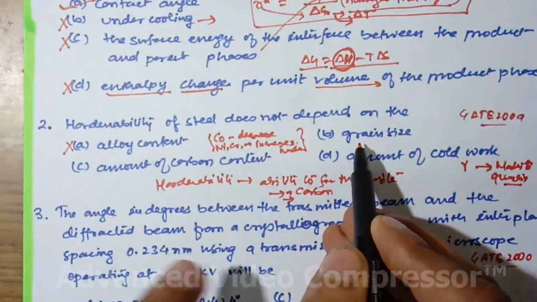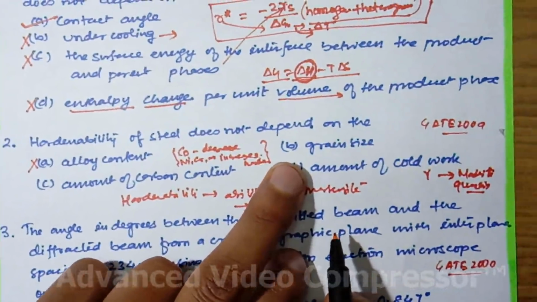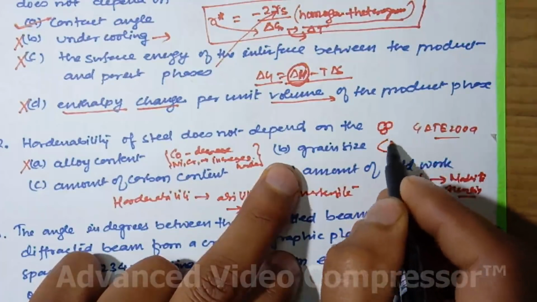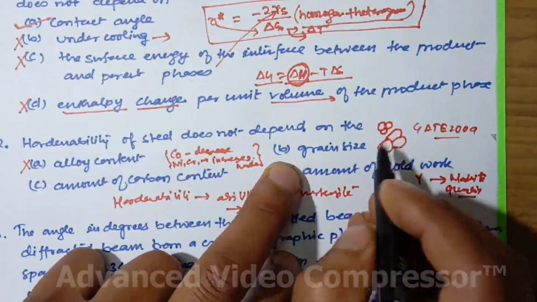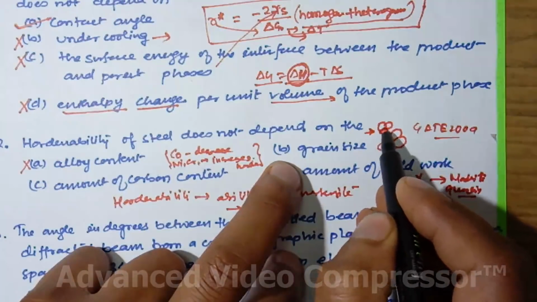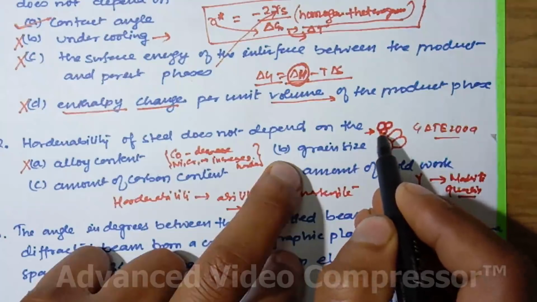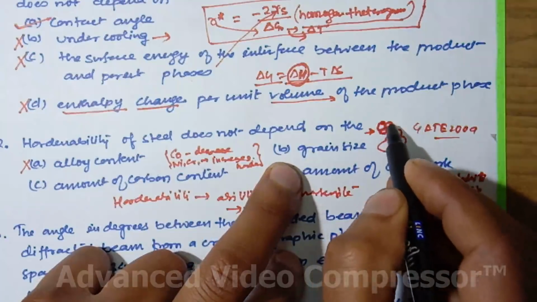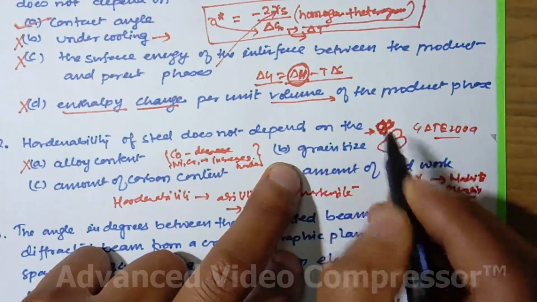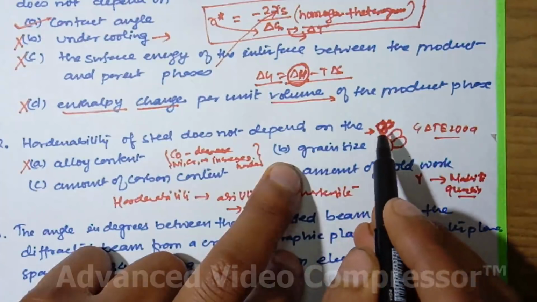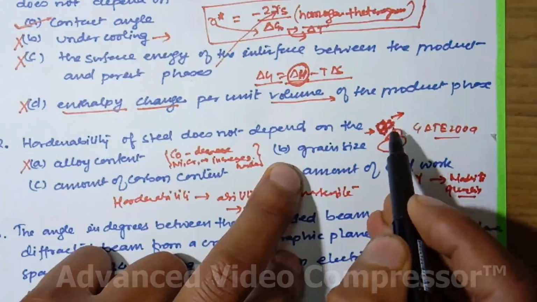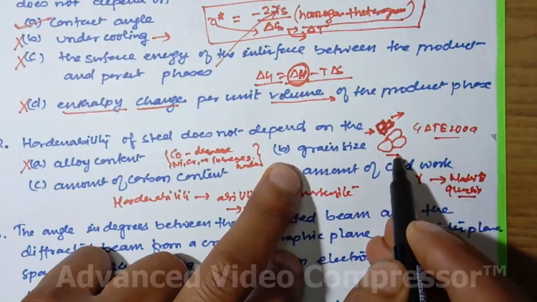Grain size also has an effect on hardenability, because if you take two cases, finer grain size and bigger grain size, when we take finer grain size, there is more grain boundary area, and this grain boundary area acts as nucleation sites for the pearlite. So hence pearlite formation in fine grain material is more as compared to the coarse grain material.